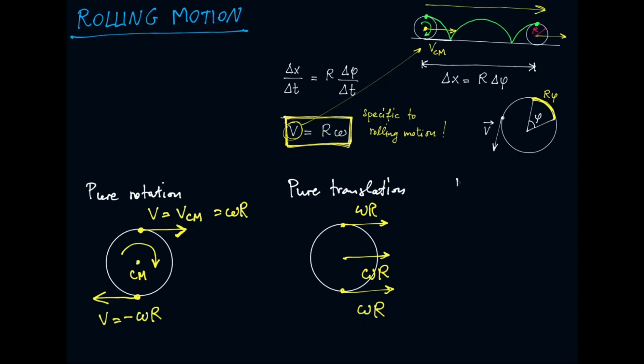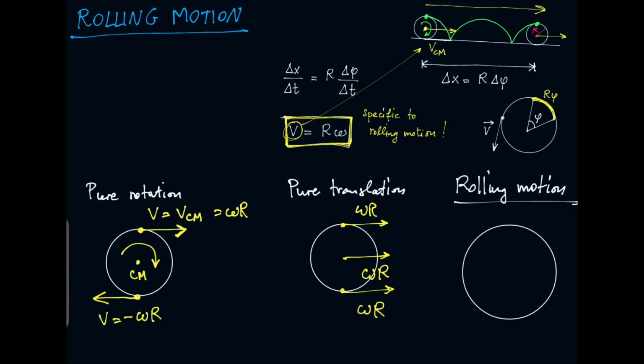And instead, the rolling motion, which is the combination of these two, see, look at what's going on. We have these three different situations where the center of mass is moving at the velocity it had due to rotation, which is 0, plus the velocity due to translation, which is omega r, and there you go, omega r, which is the velocity of the center of mass.